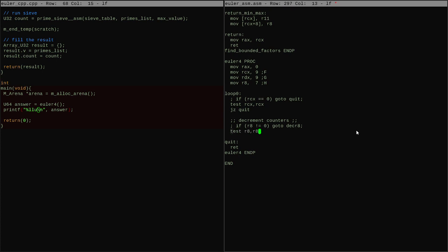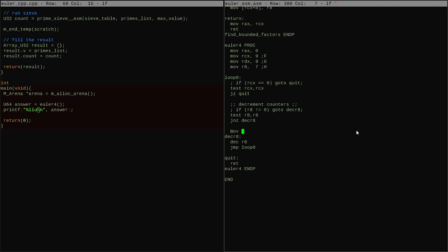Test R8, R8, jump not 0, dec R8, dec R8, dec R8, jump to loop 0, right? So if it's not 0, we just dec and go to there. Otherwise, we put R8 back up to 9.